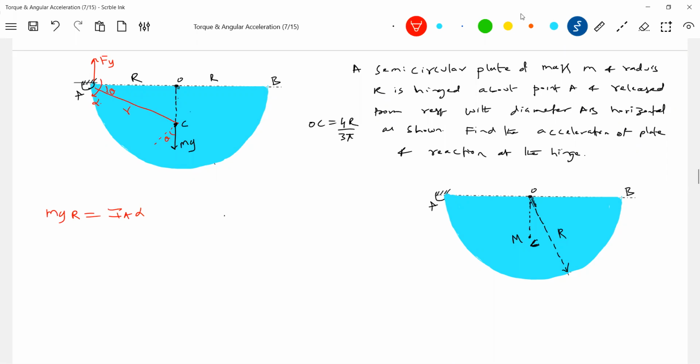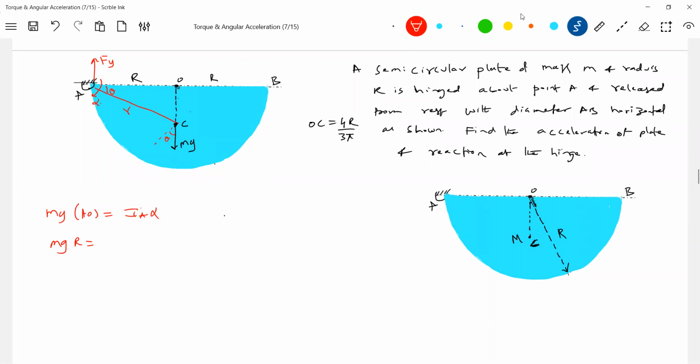Because mg into r perpendicular, the moment arm, is called r perpendicular. mg into OA, if you want, you can write it. Some of you are asking, sir, why capital R? mg into AO should be equal to I_A alpha, where the distance AO is equal to R.